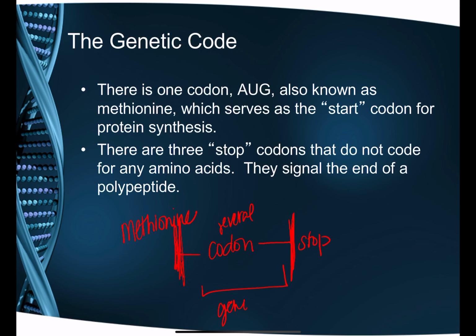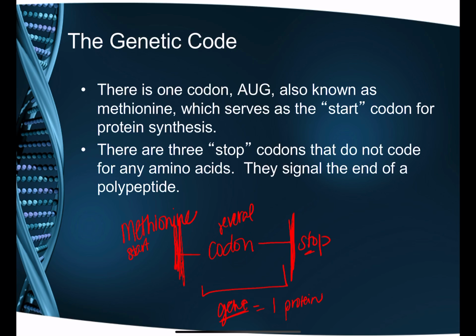So you'll have a methionine, and then you'll have a bunch of letters that make a bunch of codons that make up a bunch of amino acids, and then you'll have a stop. And that segment between a start and a stop is a gene. And that makes one protein. Okay?